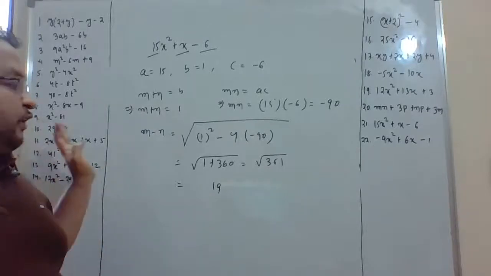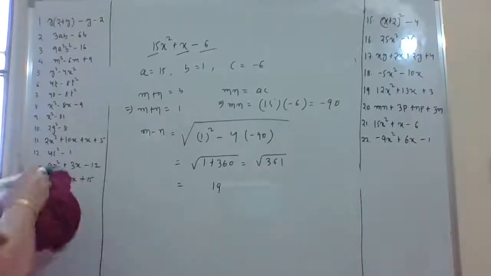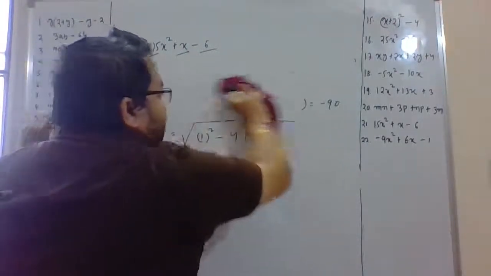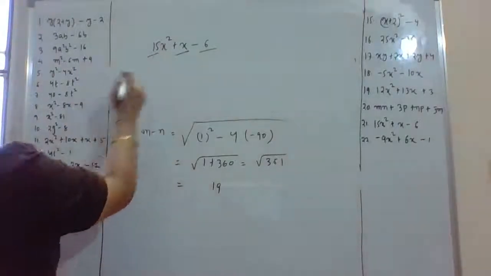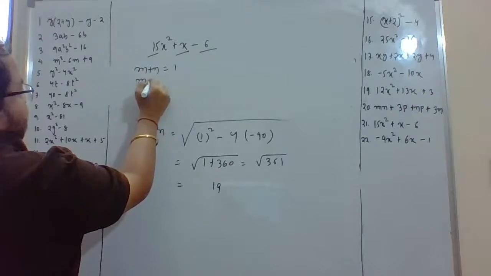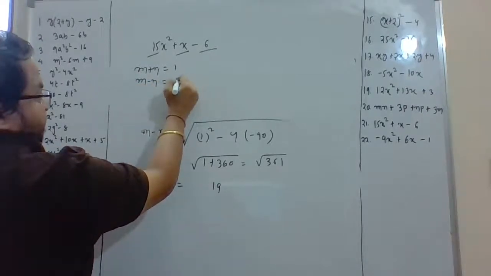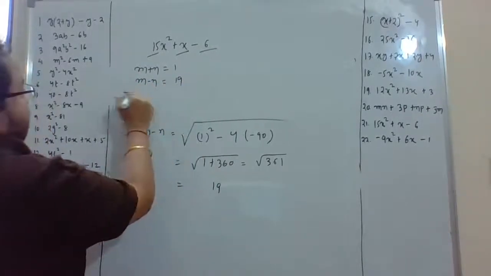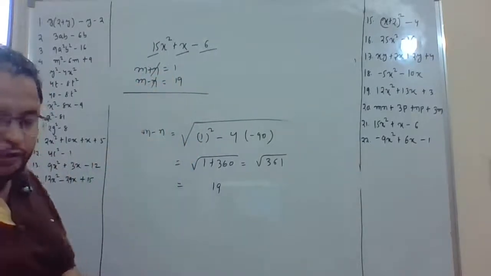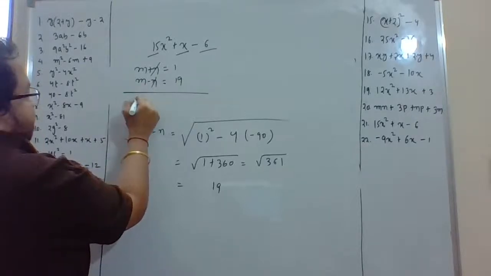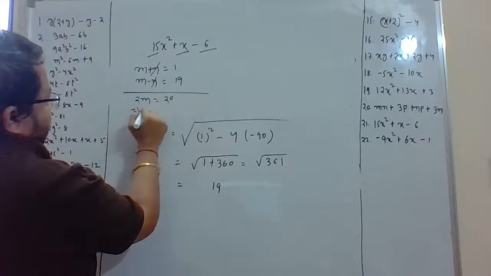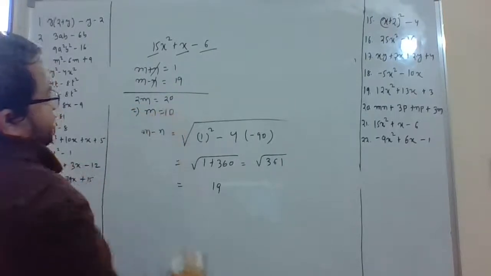Now we need to find the values of m and n. m plus n equals plus 1, m minus n equals plus 19. If I add both equations, the n and minus n cancel out, and what remains is 2m equals 1 plus 19, which is 20, or m equals 10.